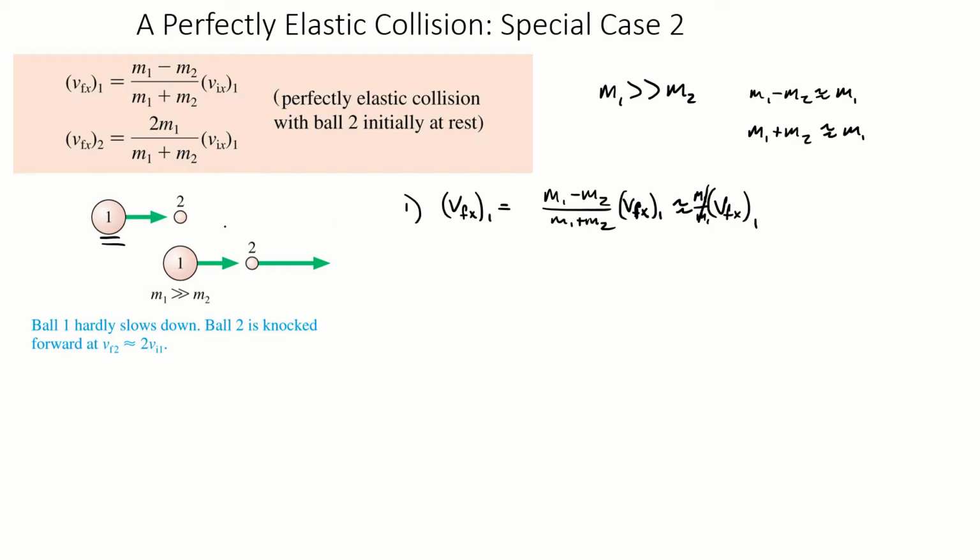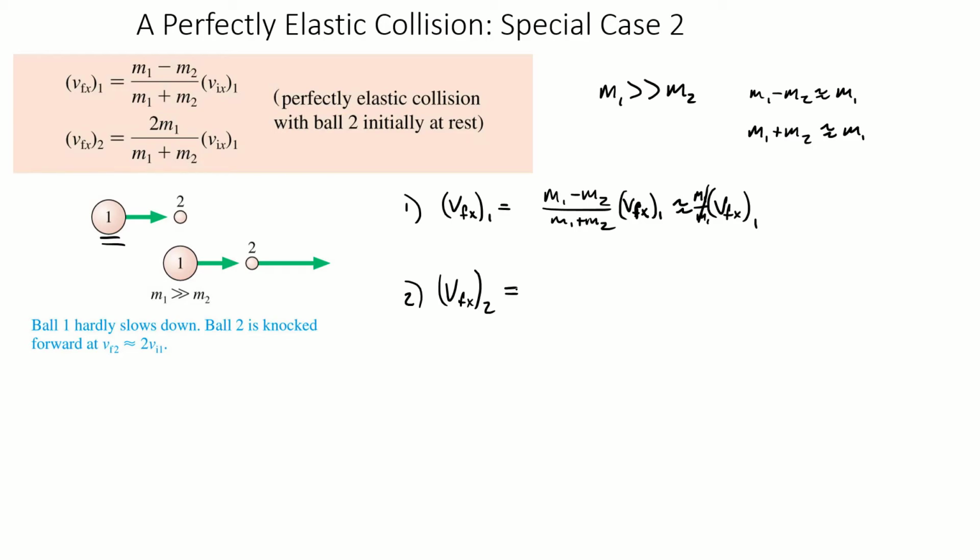So we get that prediction where the bowling ball would just keep going and not really notice it's hit something that small.